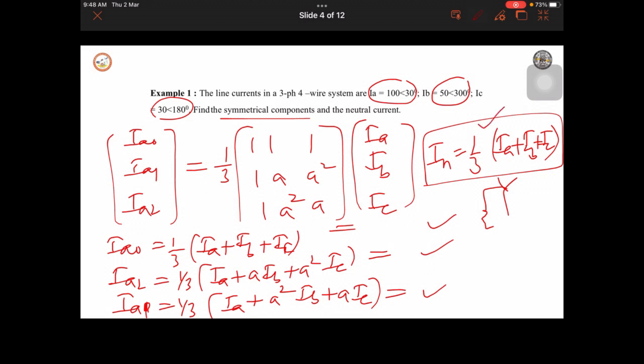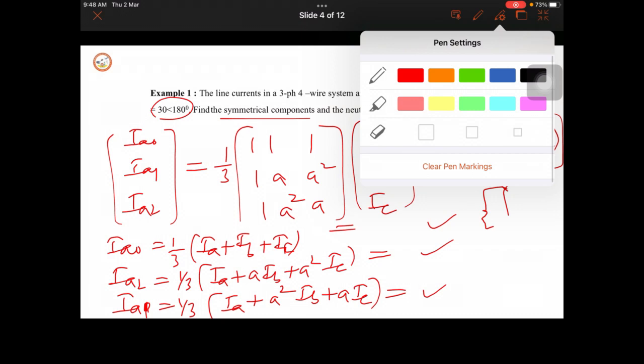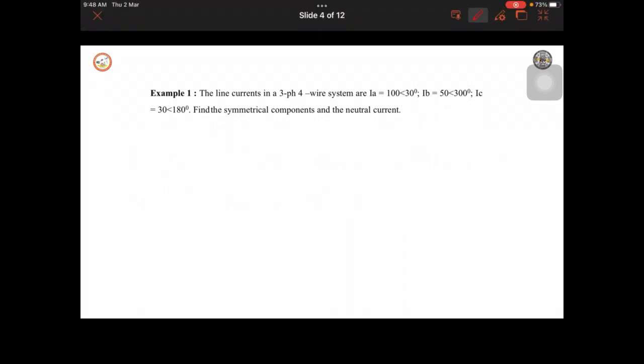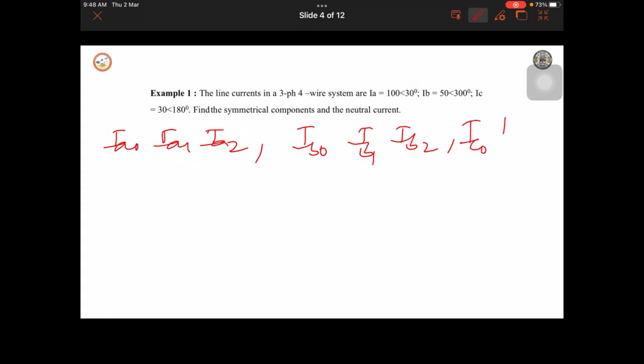In this problem it is also asked to find the symmetrical components of currents. One can find the symmetrical components in terms of phase A as IA0, IA1, IA2 as I explained. Similarly, one can find in terms of B phase IB0, IB1 and IB2, and similarly for C phase the symmetrical components are IC0, IC1 and IC2.